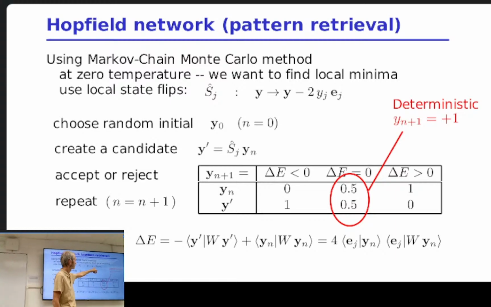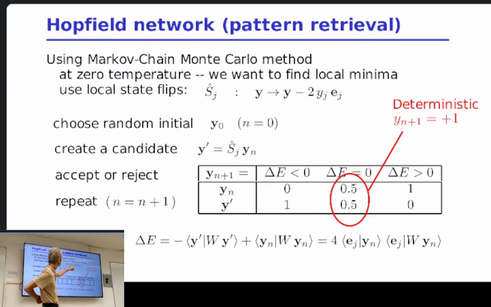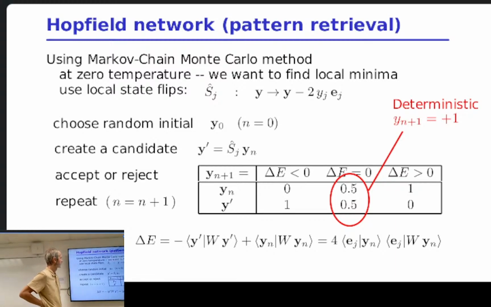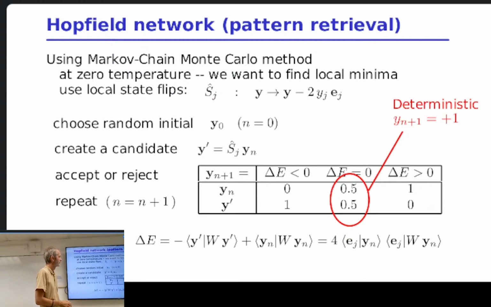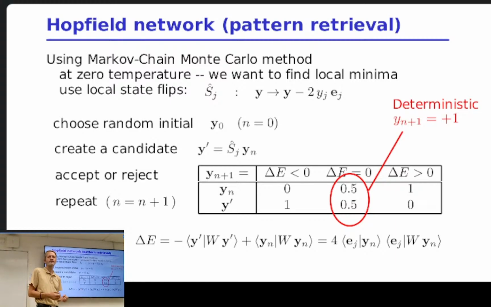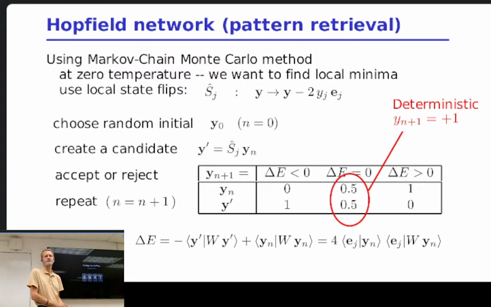So you do these changes, which just means that the component j will change its sign. Then you calculate that quadratic function, your energy function, and if the change leads to a decrease of the energy, you accept the change, and otherwise you reject it.